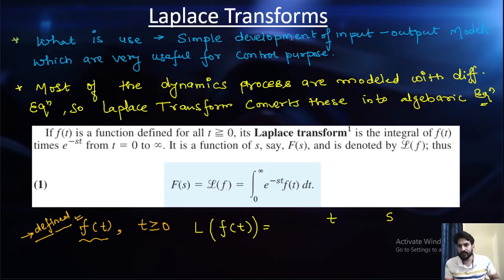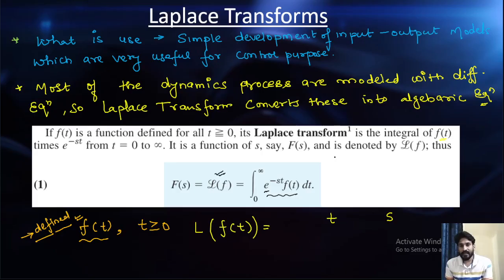Like this is my f of t, and if I want to calculate the Laplace transform of this f of t, then first of all I have to multiply by e raised to the power minus st, and integrate this function from 0 to infinity. Whatever value we get, we say that this is the Laplace transform of f of t.